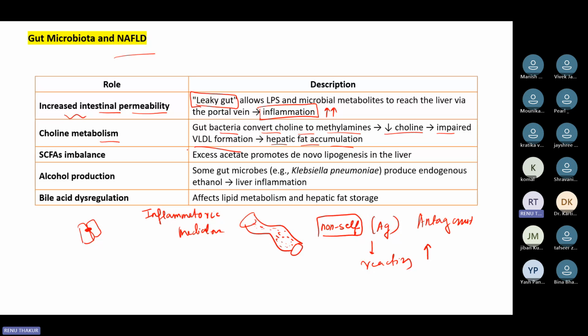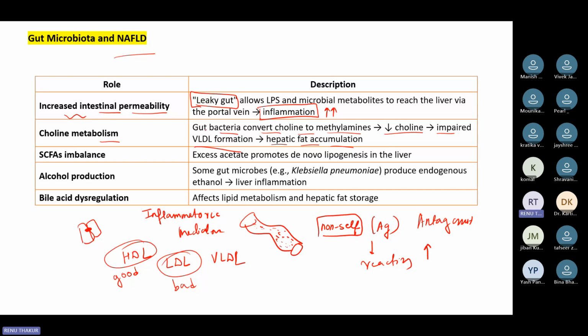In biochemistry, we study HDL, LDL, VLDL. HDL is a good cholesterol, and LDL, VLDL, all these are bad cholesterol. All of it depends on the level of lipids it has. So if VLDL formation is impaired, then hepatic fat accumulation will increase.